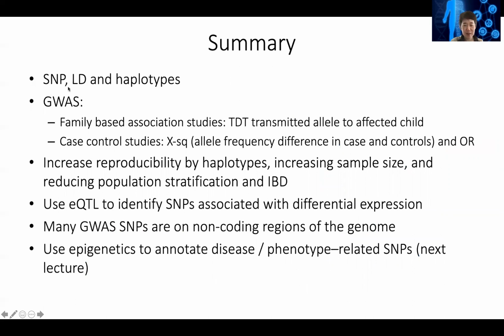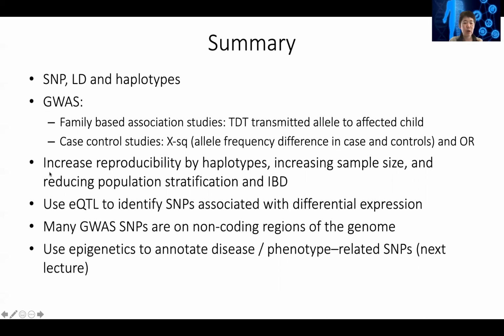In the genome, there are SNPs. They are often linked if they are in proximity on the chromosome. And there are also these haplotype blocks where a lot of SNPs are linked to each other. In order to really do genome-wide association studies, you can collect big families with members known to be associated with the disease, to look at the allele that's transmitted, which made the difference. Or you can just do case-control studies, normal versus disease, and check every allele to see whether there is any difference between the allele frequency in the two populations.